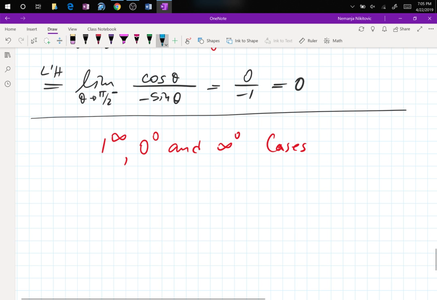So here, use ln. All right. So let's take a look at the limit as n goes to infinity of 1 plus 1 over n, to the n.